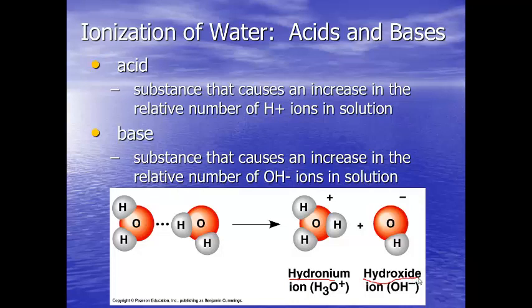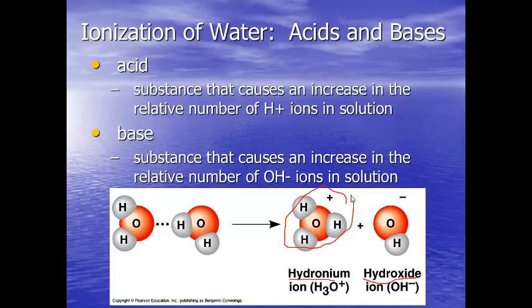An acid is defined as a substance that increases the amount of hydrogen ions or protons in solution. So an acid is a substance that donates protons or hydrogen ions to the solution and therefore increases the proportion of hydronium.